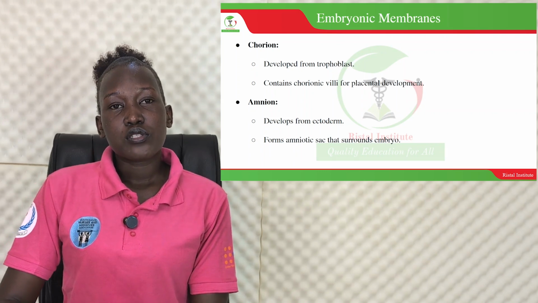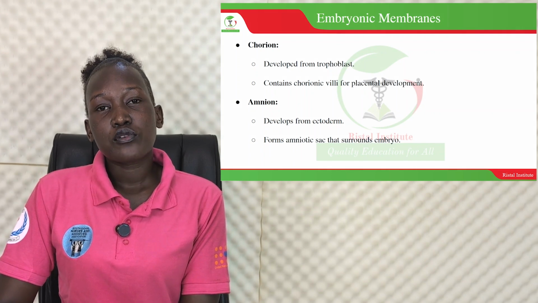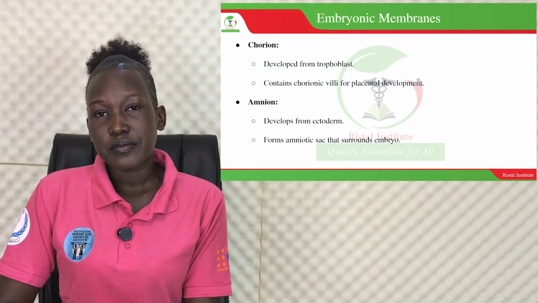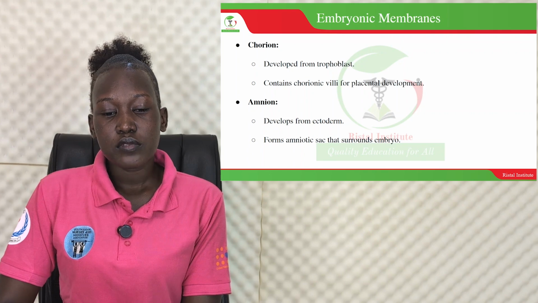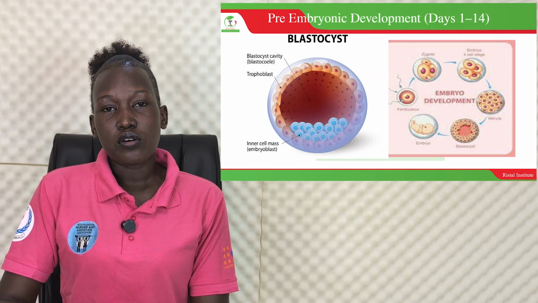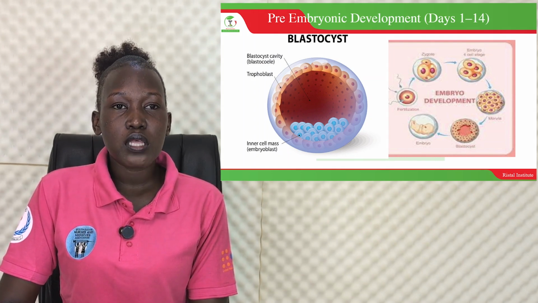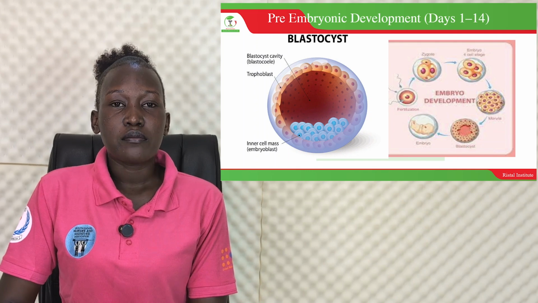So one of the membranes which are formed is the chorion. So the chorion develops from the trophoblast, if we remember. Let me take you back. That is the trophoblast, which is the outermost part. So the chorion will form from the trophoblast.